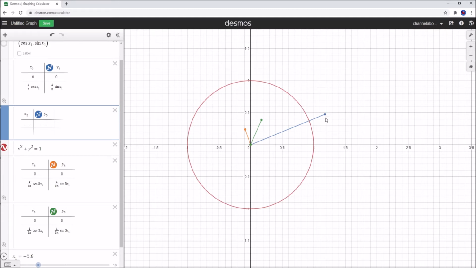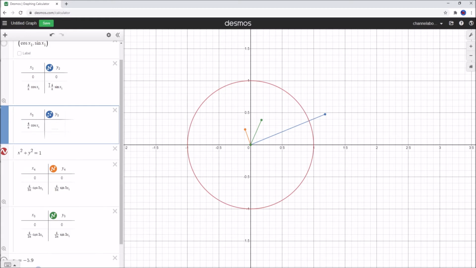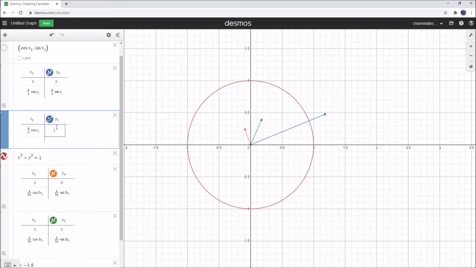So the end of this phasor is going to be given by 4 upon pi cos x1 and 4 upon pi sine x1. If you like, this is our new origin for this phasor.